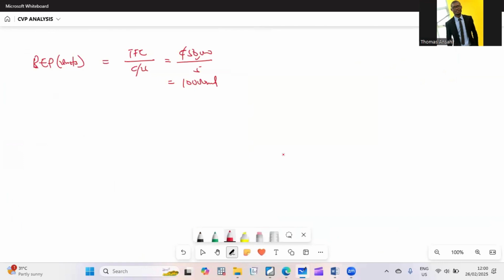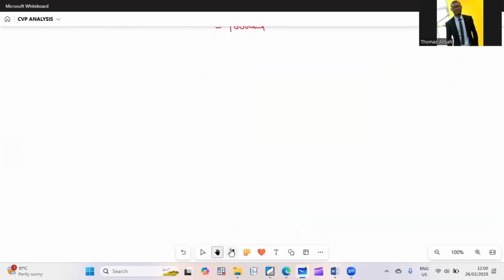Then we have dealt with the first part of short-term decision making. Very simple, right? So let's look at multi-product break-even analysis. Multi-product.